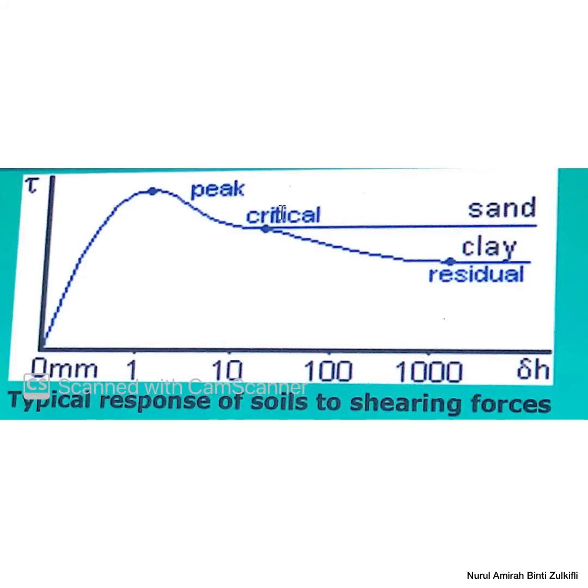So what is the peak stress? It means the maximum value of shear stress at the yield point. The critical state, known as the ultimate stress, is where the shear stress continues to fall to a lower value. That means the shear stress decreases.